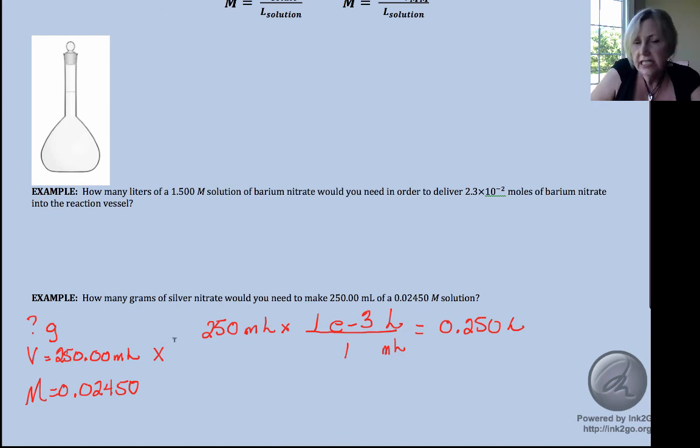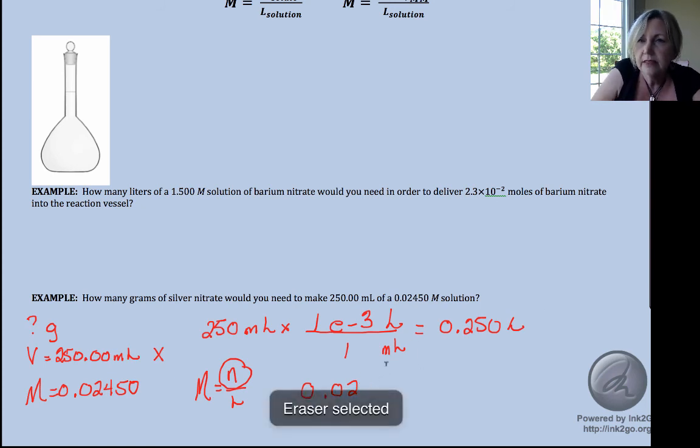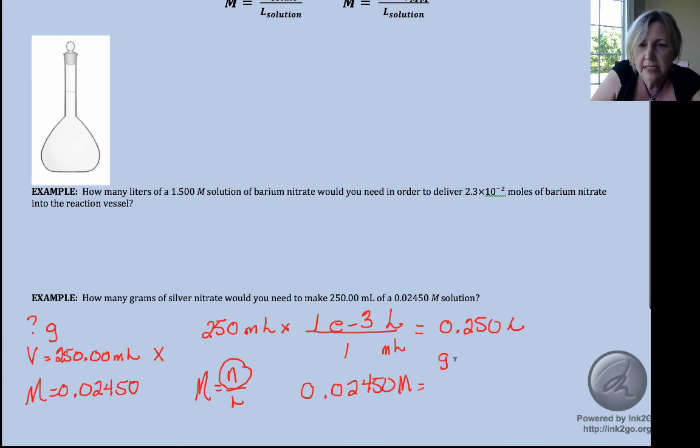Okay? And now I'm going to use my equation. You could certainly use this one, solve for moles, and then convert moles to mass using molar mass. I tend to like to use this big one. I wrote that down wrong. 0.02450 molar is equal to mass.